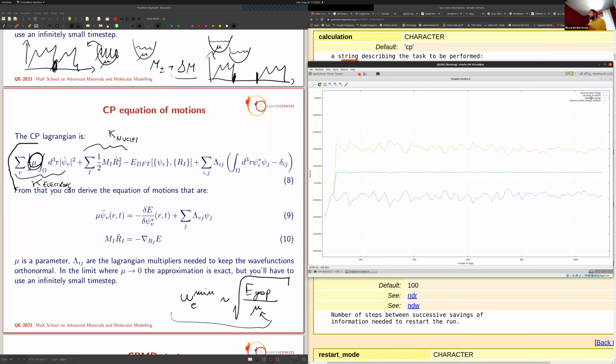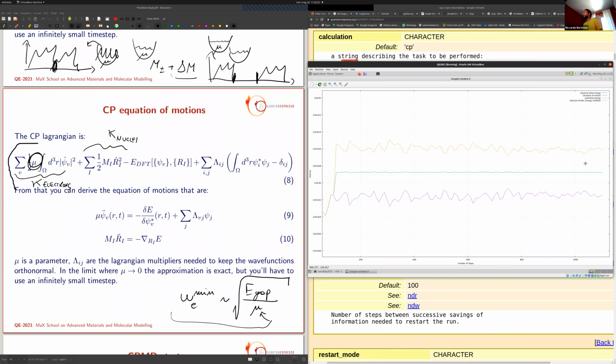The physical energy is the sum of the nuclei kinetic energy plus the DFT potential energy, the DFT energy. That is this line here under the constant of motion. And by the way, it is evident from this plot that the constant of motion is this plus the electron kinetic energy.